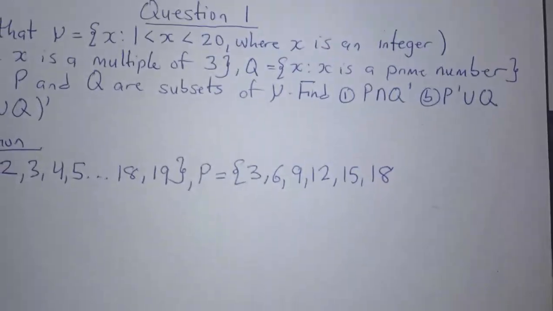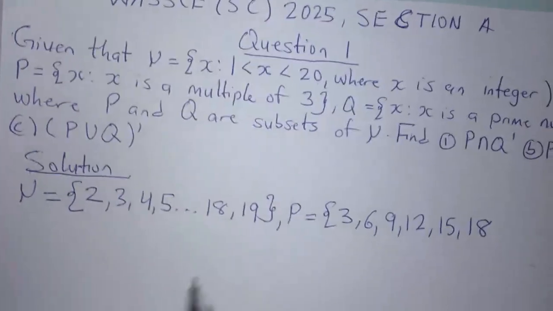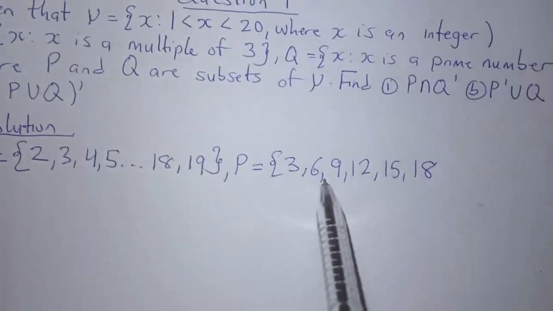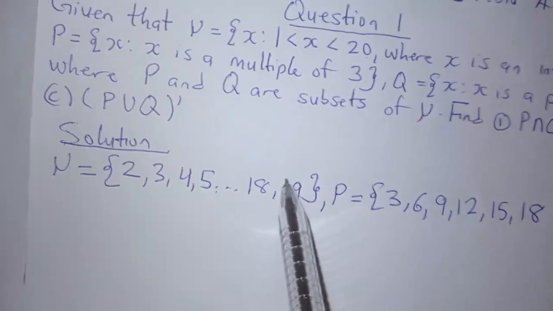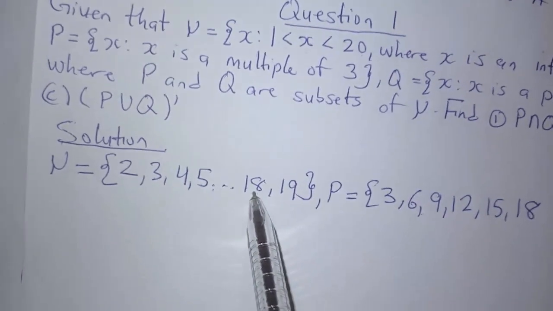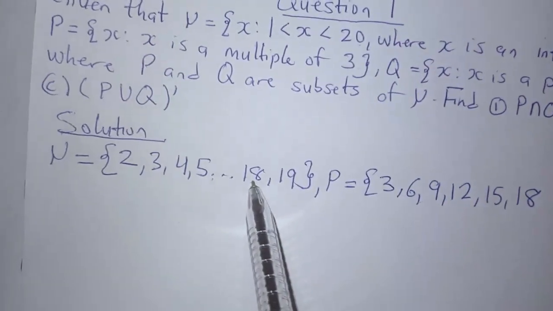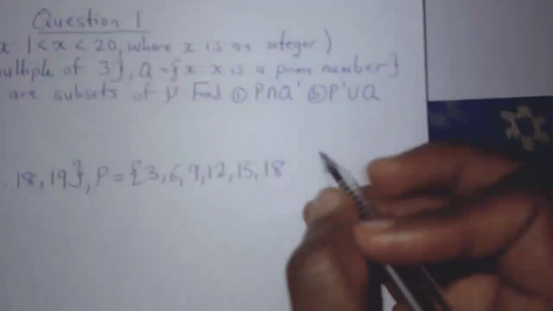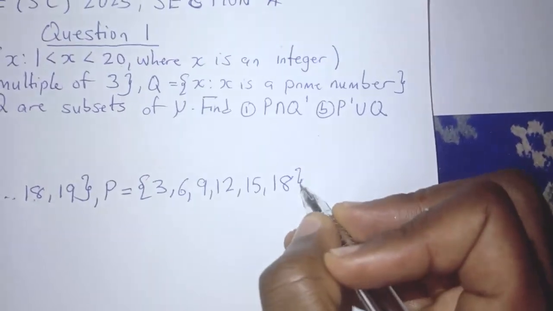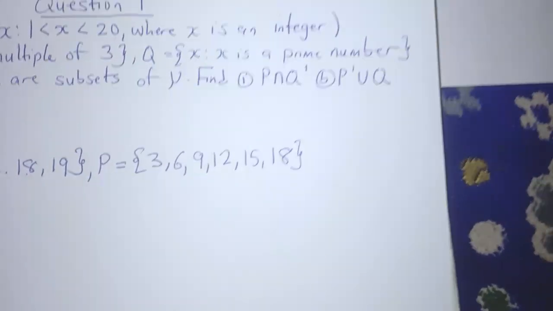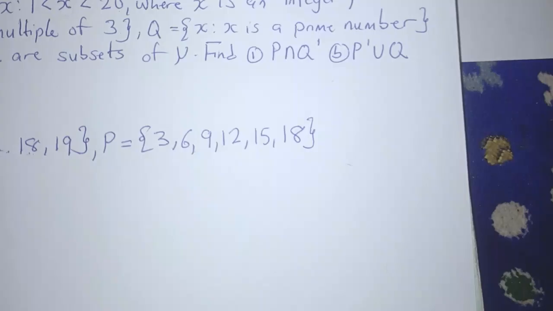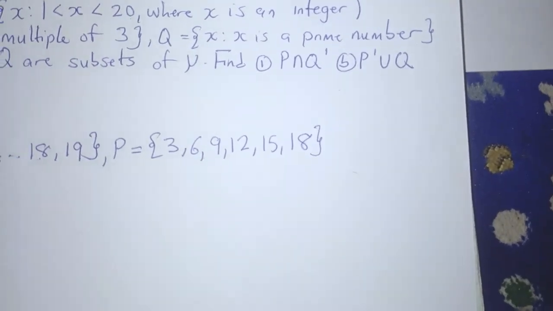You're supposed to have 21 and the likes. But remember, I told you that the elements in P must be obtained from here. And since this does not get to 21, we'll stop on 18, which is the last multiple of 3 we have here. So these are the elements in P. So you have 3, 6, 9, 12, 15, and 18.